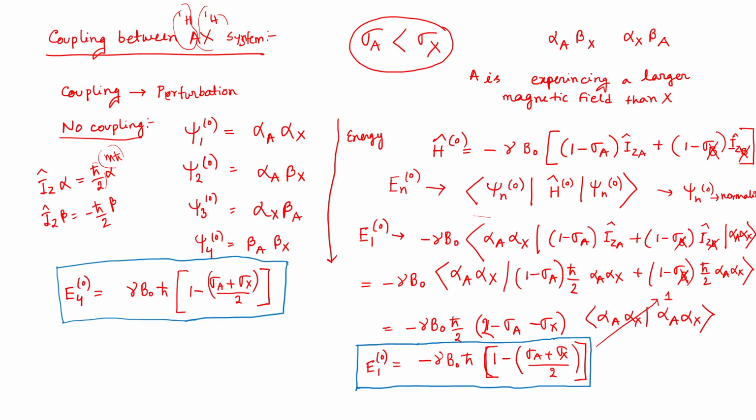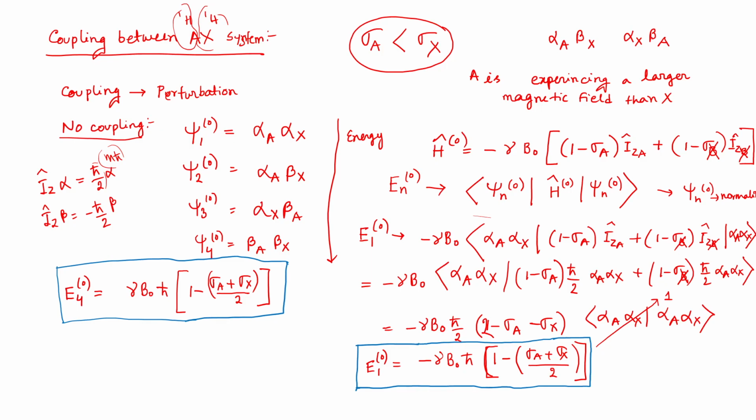That's why they are denoted as A and X. There is some difference between them, and they are at some distance. First, we discussed when there is no coupling. The coupling will be treated as a first order perturbation. But suppose there is no perturbation or no coupling, how do the spin states look? That we will discuss.